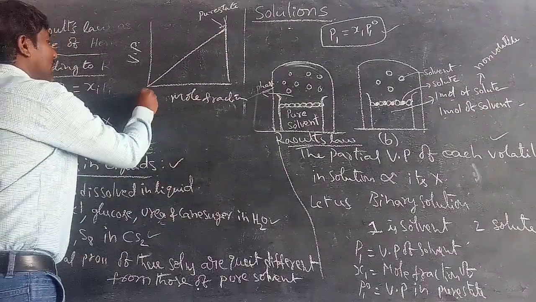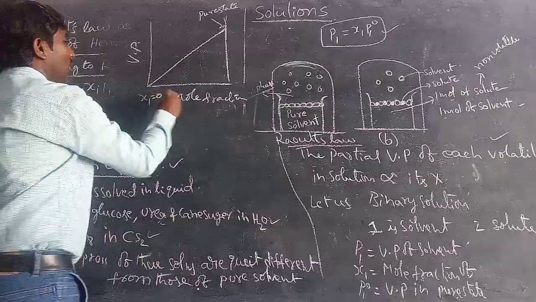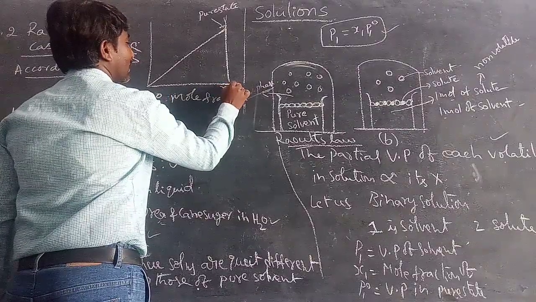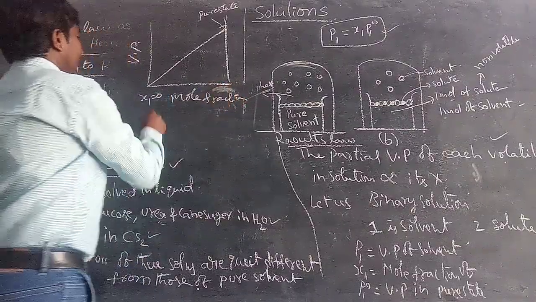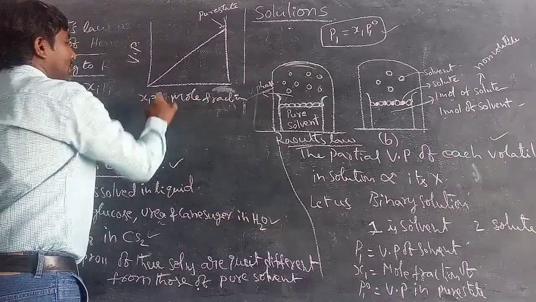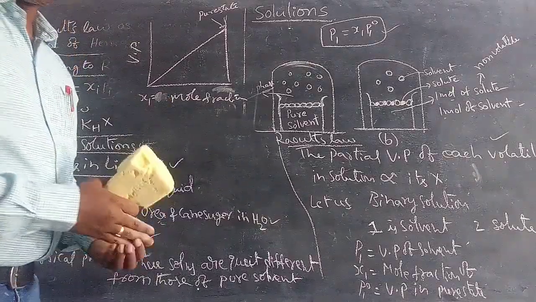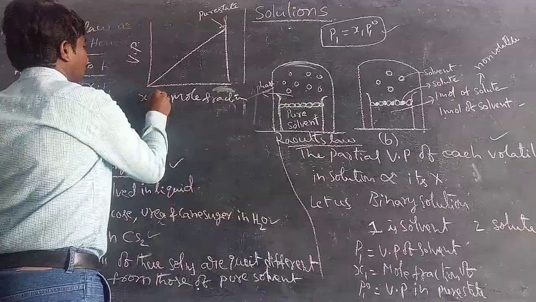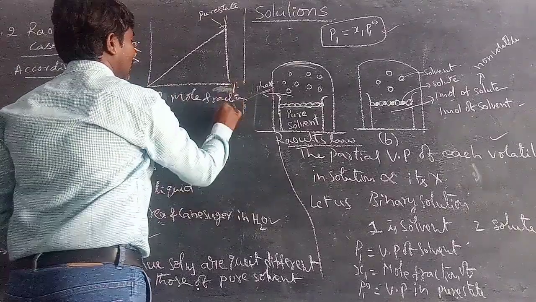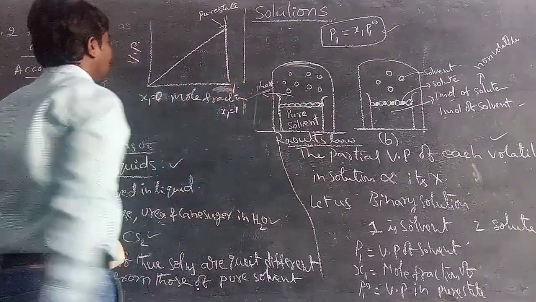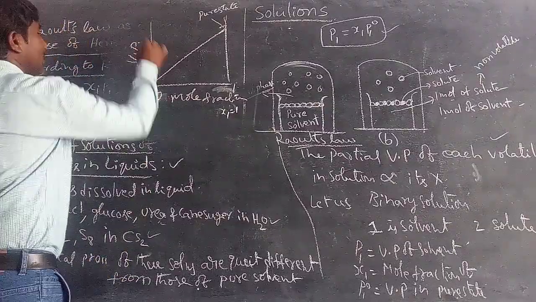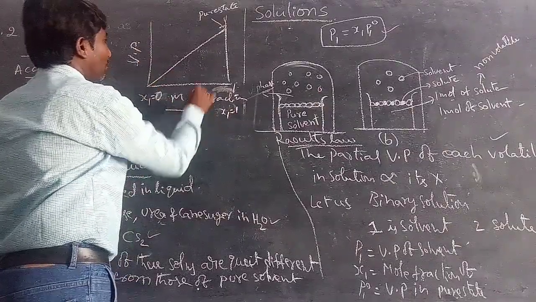Here X1 equals 0, and here X1 equals 1. This is the vapor pressure of the pure solvent, P1 naught.